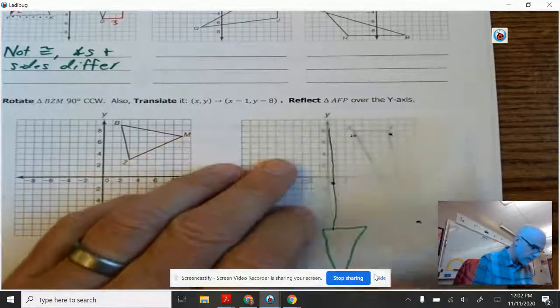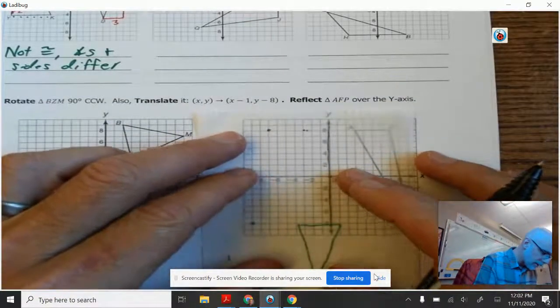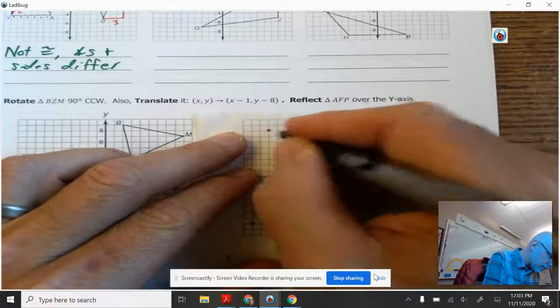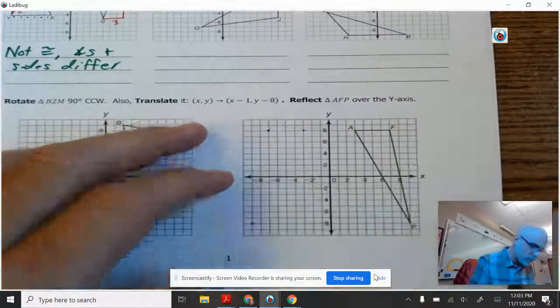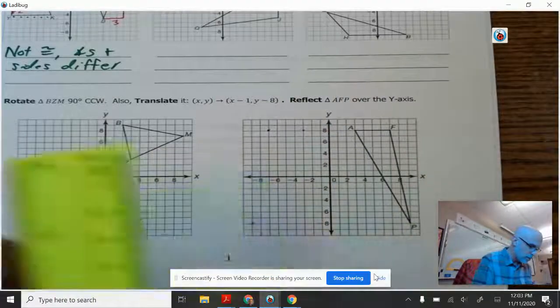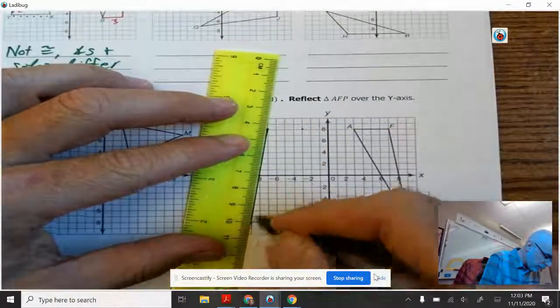There's the origin. I think this part over here will be pretty easy for you. So there is our new location. We'll see if those superimpose. You can do this with some tracing paper. You could also reason it out because we know how to do reflections.